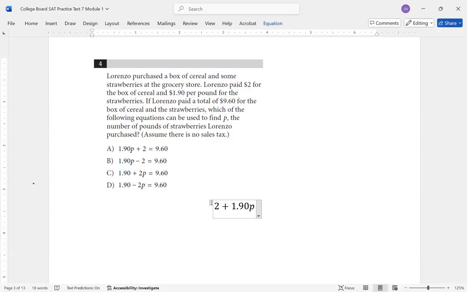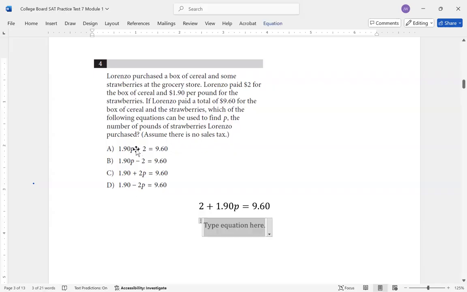So that's going to give me the total spent. But we also know that the total spent was $9.60. So this is the correct equation: 2 plus 1.9 times P is equal to 9.60.